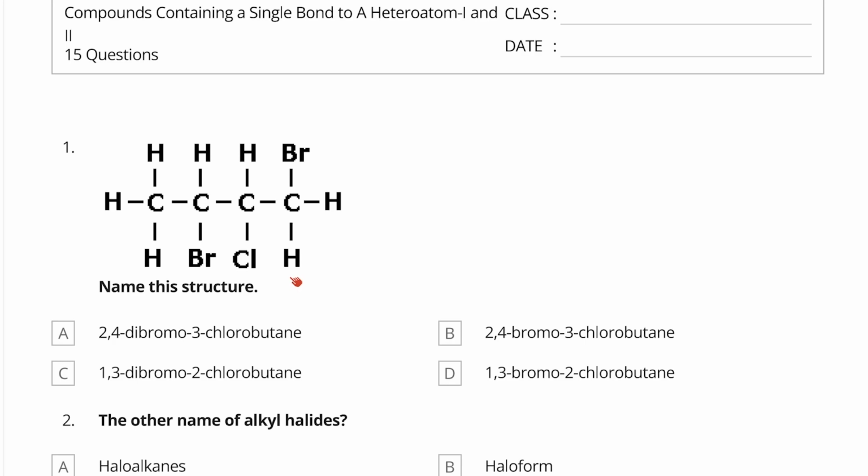As the first question, an organic compound is given to you, and the question wants you to name the given structure. And actually, the name will be according to the IUPAC naming. Don't forget, we have two types of naming. The one is the IUPAC naming, in other words, systematic naming, and the other one is the common names, common naming.